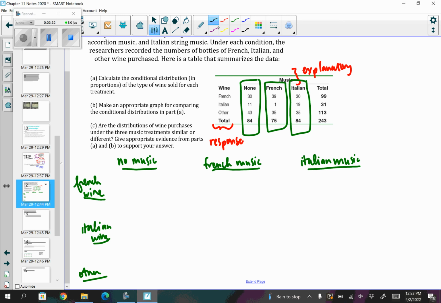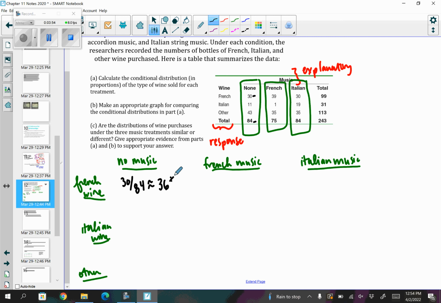If we want to calculate the proportion of people who bought French wine when no music was playing, we are going to take this 30 out of the total number who bought wine when no music was played. 30 out of 84 is about 36%.